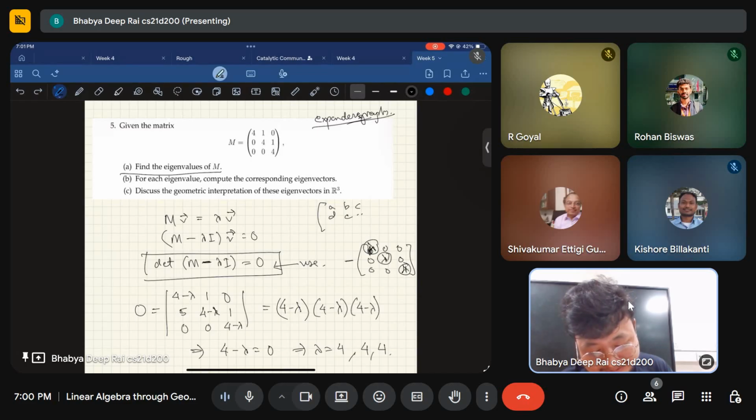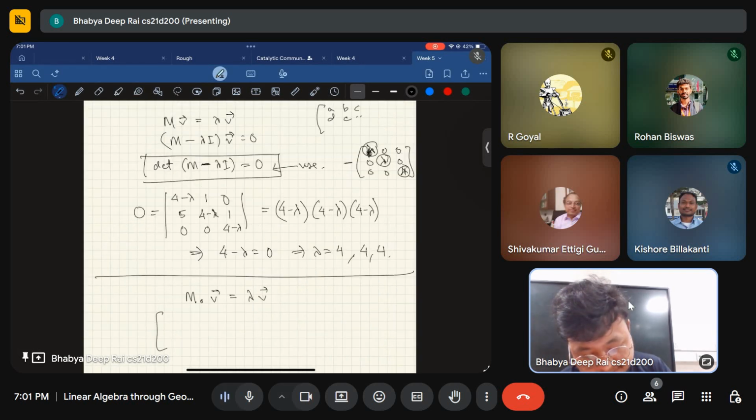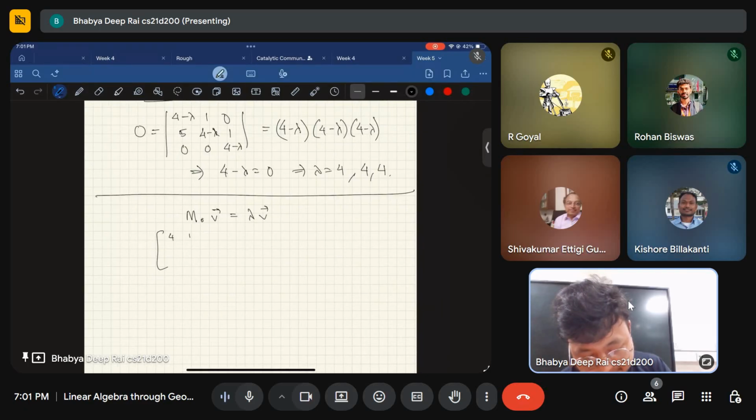Now for each eigenvalue, compute the corresponding eigenvectors. Okay, how do you do this? You have M times a vector equals lambda times a vector, and M is 4 1 0, 5 4 1, 0 0 4. You multiply it with a vector which you don't know.